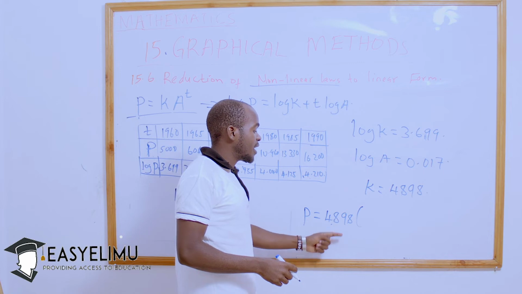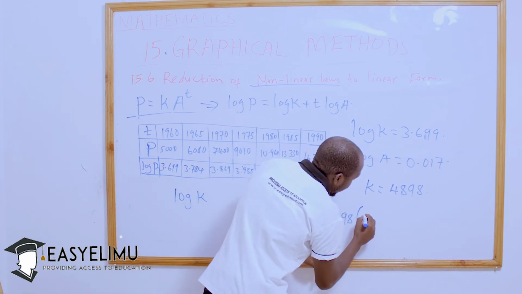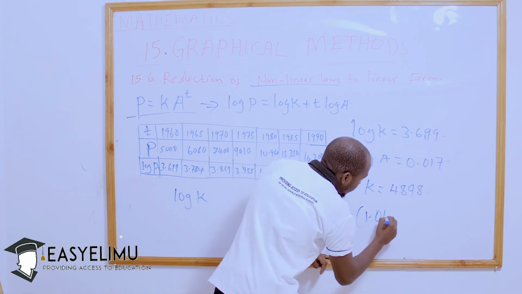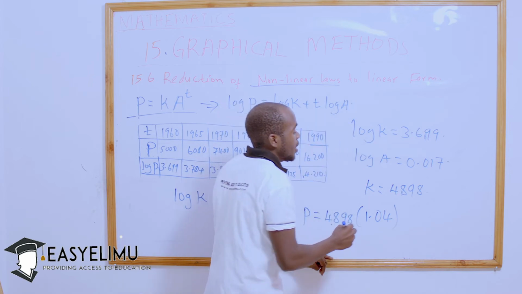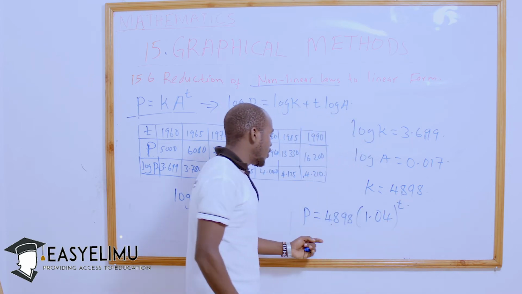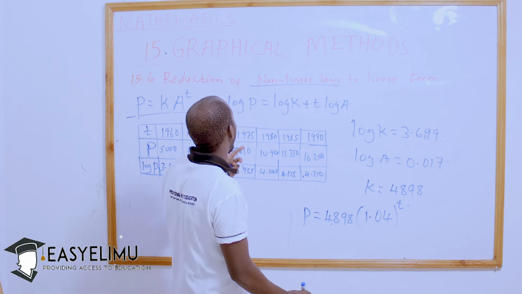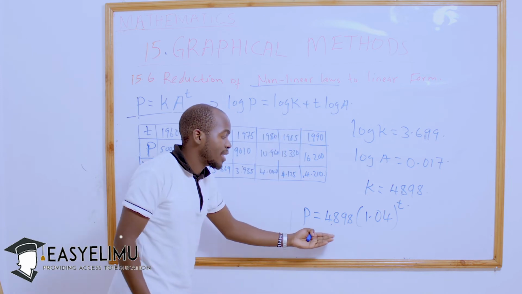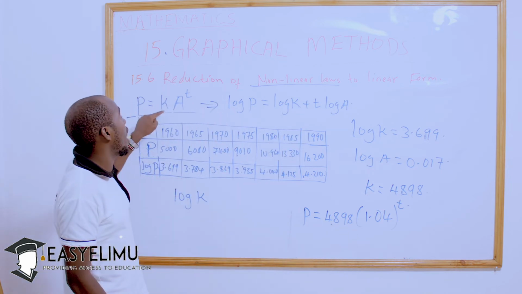So P will be 4898, and then in bracket we are going to have 1.04, that is the value of a, then we raise to t. Now this is the nonlinear law, that is the relationship we are having here.